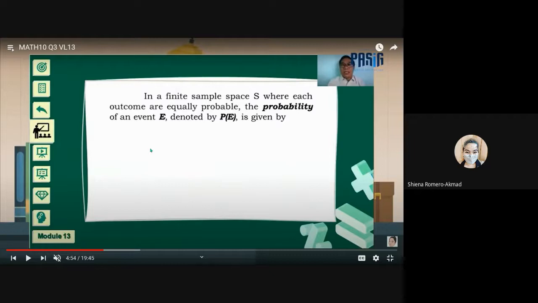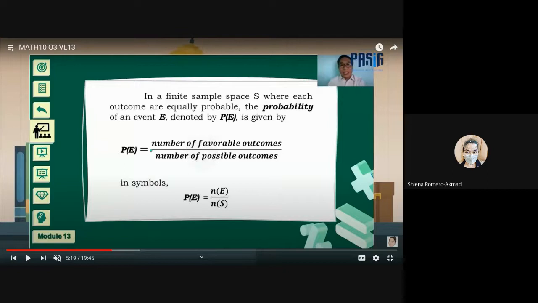The probability of an event E denoted by P of E is given by number of favorable outcomes over the number of possible outcomes. Or in symbols, we have probability of E for an event is equal to the number of the elements in event E over the number of elements in the sample space.